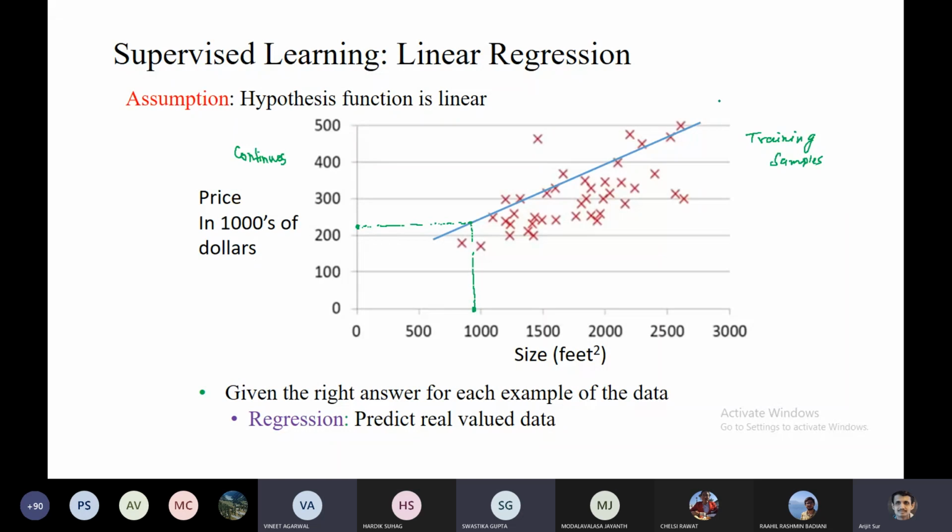Because this hypothesis function is linear in nature. Since it is a two-dimensional feature space, this is basically a line.